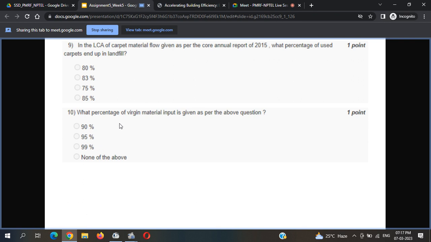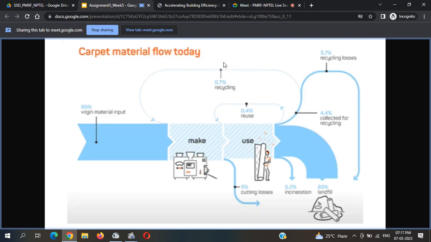Next question is what percentage of virgin material input in the above question is given. So this is talking about the virgin material input which is there in the manufacturing of carpet. You can see from here 99% of the material input which goes into the manufacturing comes as virgin material and not as recycling.